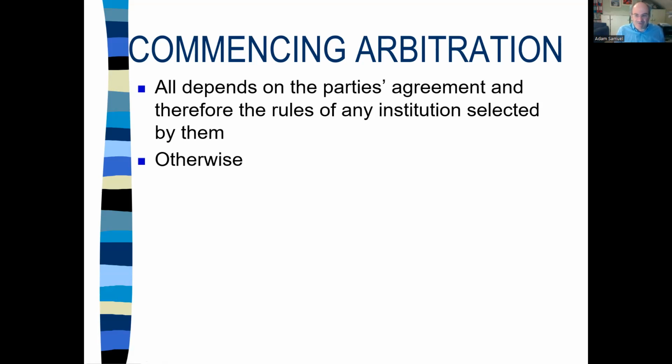This is incredibly important, by the way, because if there is some form of limitation on the time you have to commence arbitration, or ordinary time bar rules apply to your case, it may be vital to know exactly when you commenced arbitration and thereby stop the relevant time limit running.